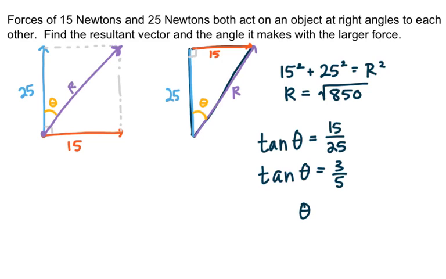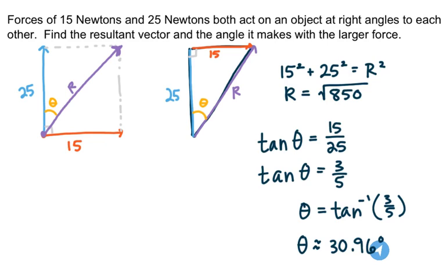Isolating theta, we would use inverse tangent of 3/5. And if you type that in your calculator in degree mode, you're going to get approximately 30.96 degrees. Now, since we're dealing with something in real life that we're looking at on this paper, we want a degree answer, not a radian answer.